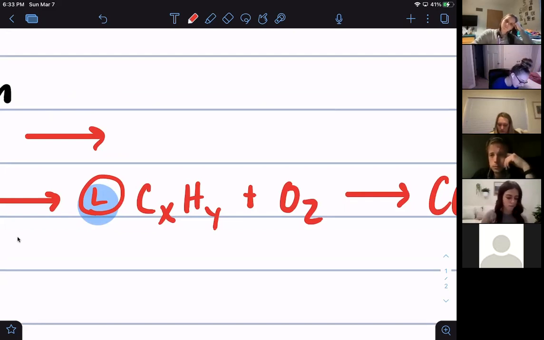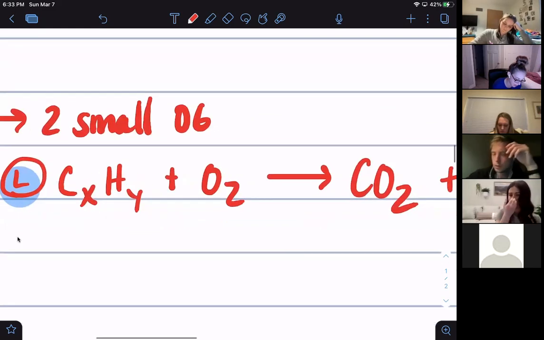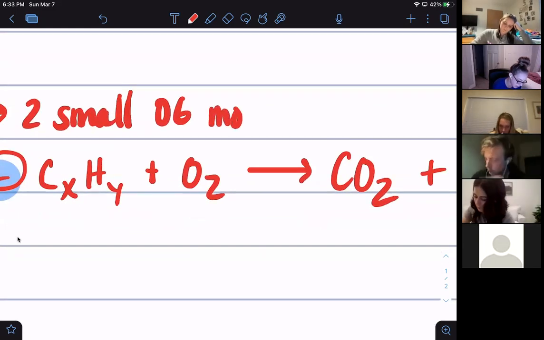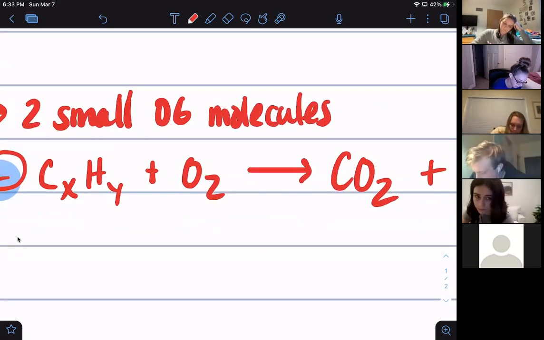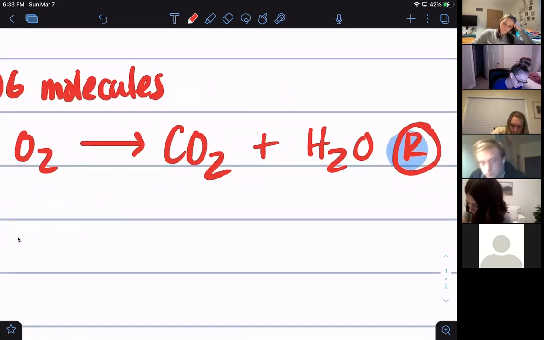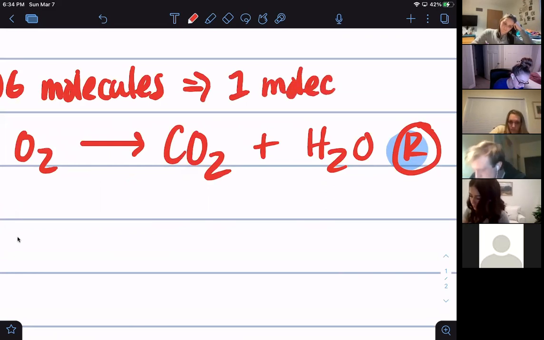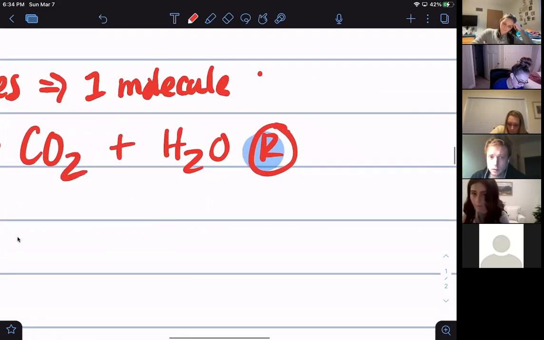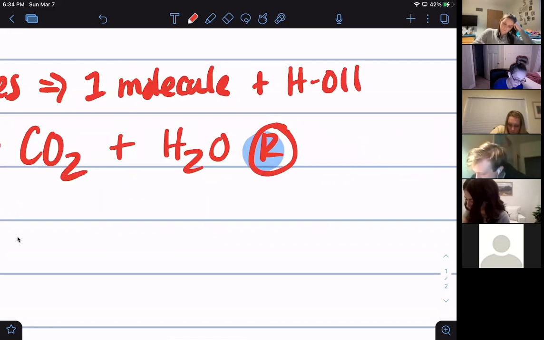So the key takeaway here is you have 2 small, and I'm going to say OG for organic, okay? 2 small organic molecules that come together, I'll do an equal sign this way, to 1 molecule plus water.